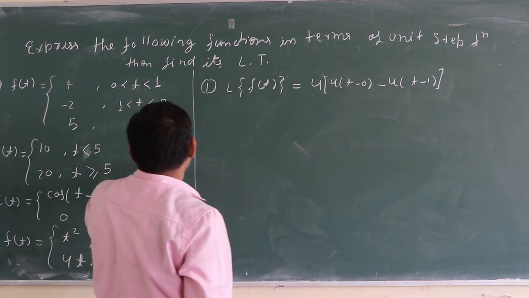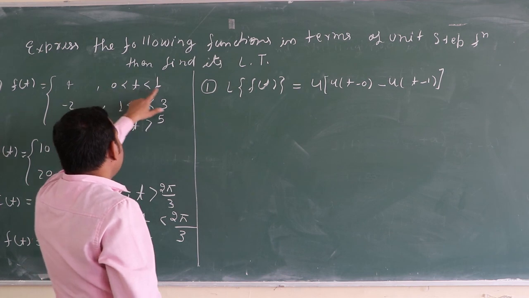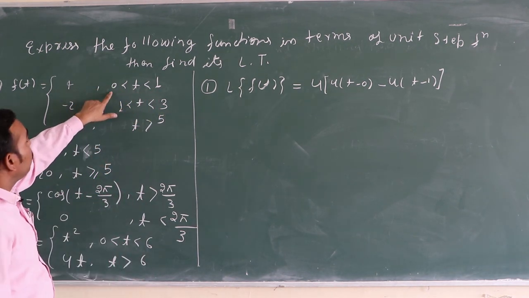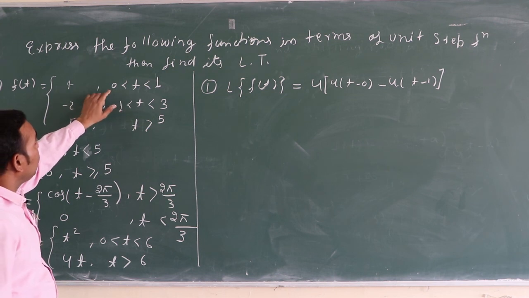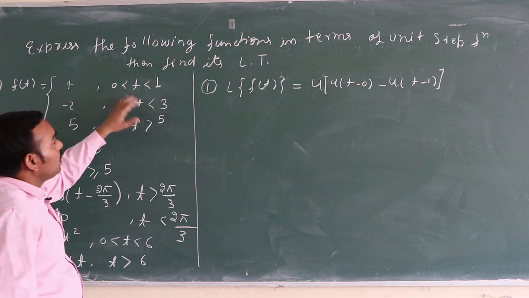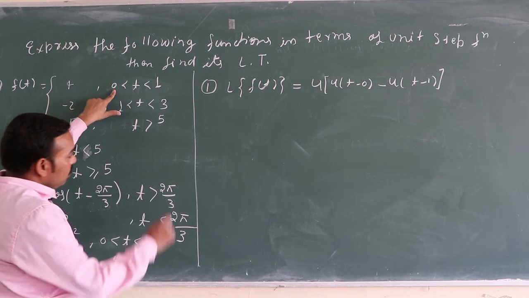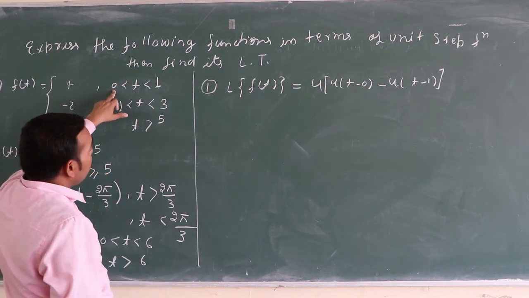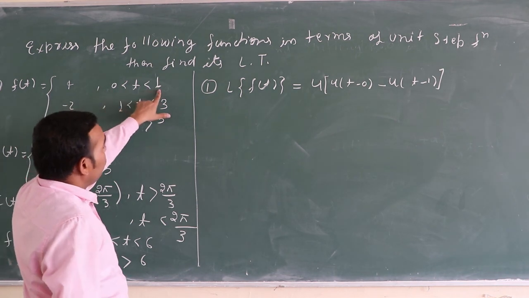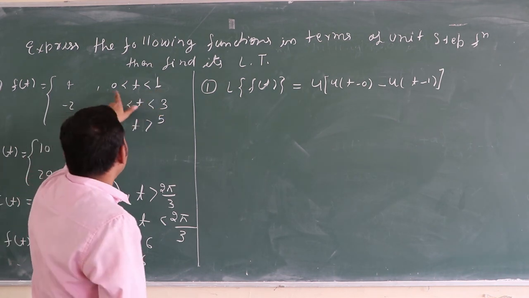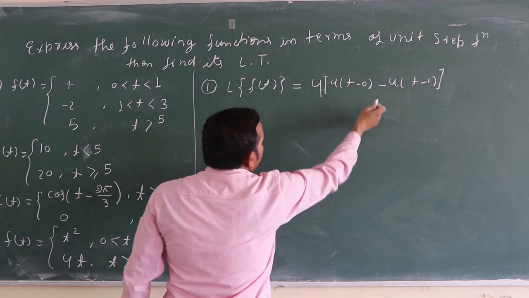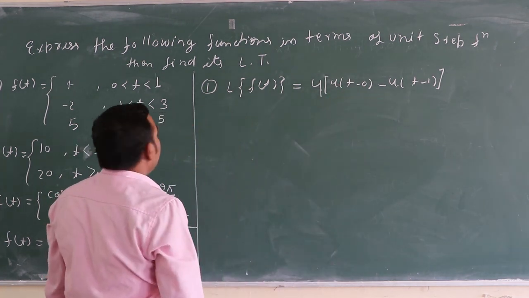If we say this is a straight line, as I told earlier, a straight line from a to b can be written in terms of u(t minus a) minus u(t minus b). So here a equals 0 and b equals 1, so we write 4 times u(t minus 0) minus u(t minus 1).